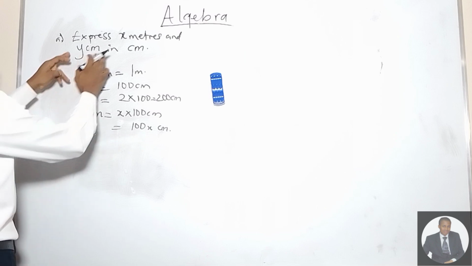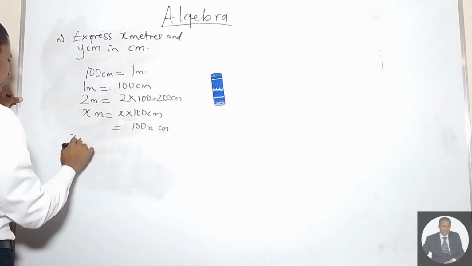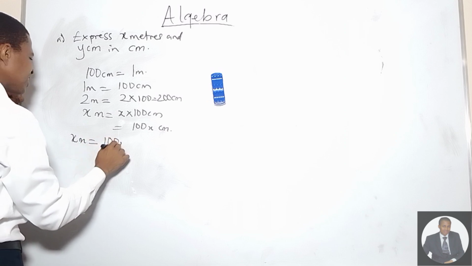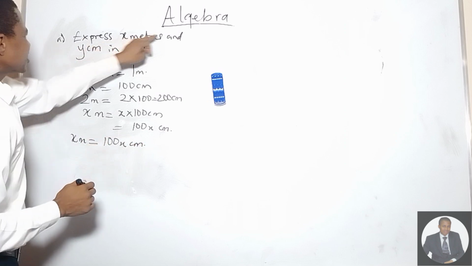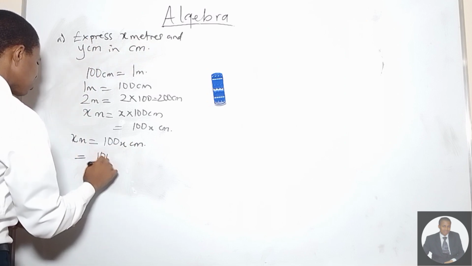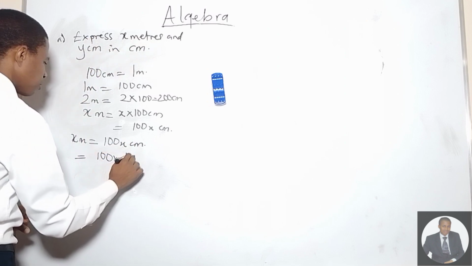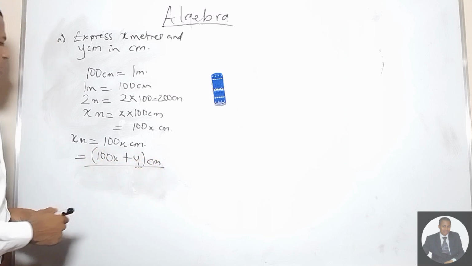Now, how do we express x meters? x meters now is equal to 100x centimeter. Express x meters and y. So what we will have is x meters is 100x plus y, all in centimeter. This is our answer.